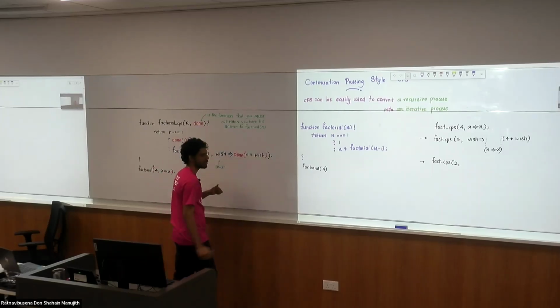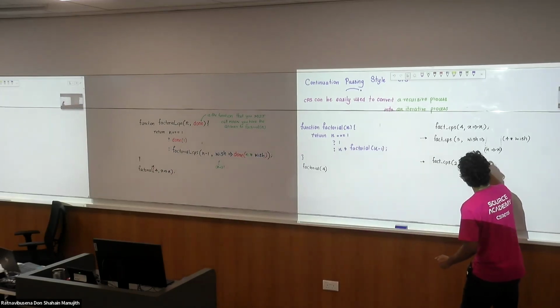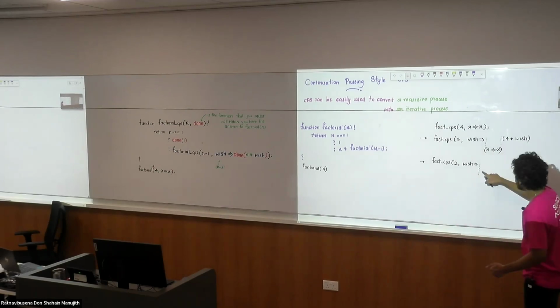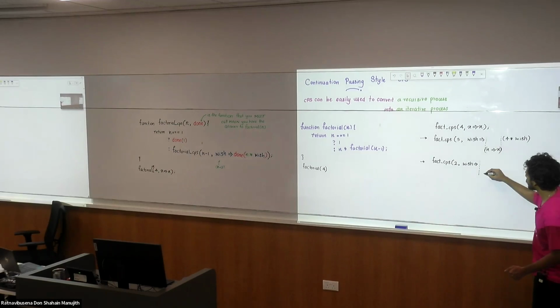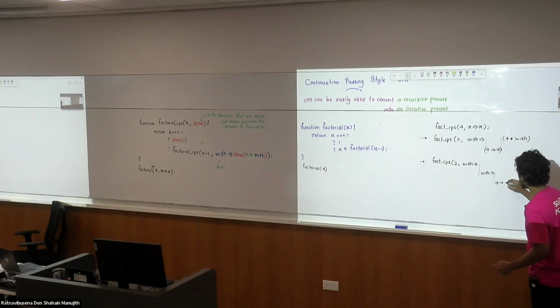So that becomes wish, then my done function is this one, so I put wish, and then I have x going to x.